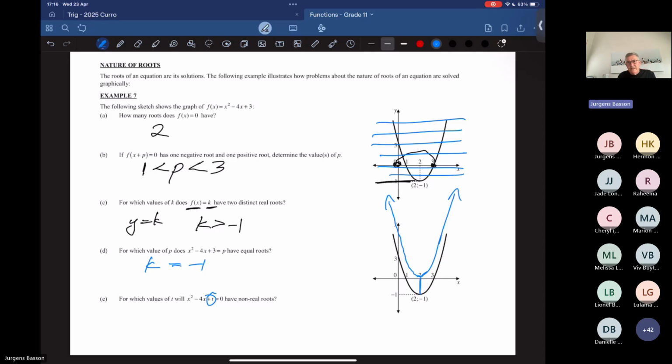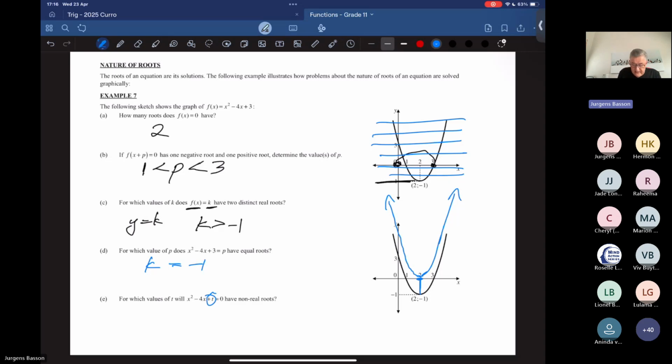And the answer is we must move it more than 1 unit. So we can't give an exact value, because it can be 1.1, 1.01. There are millions, an infinite number. So that's why I say we move it more than 1. If you move it 1 unit, it's on the x-axis. We must move it more than 1 unit.